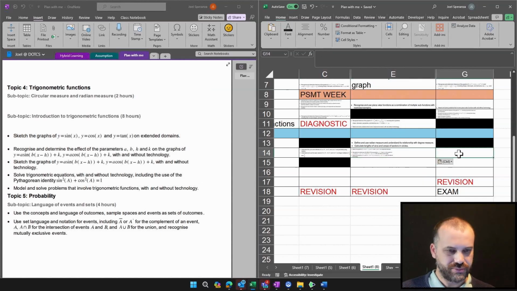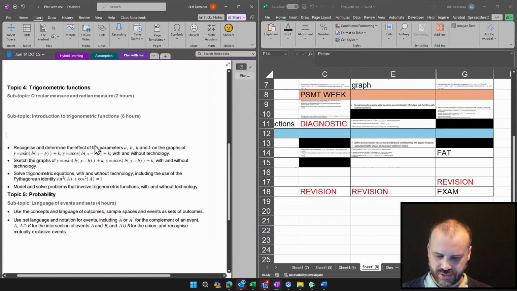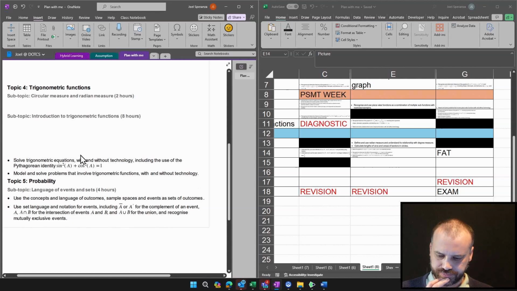But then let's assume that trig is messing us up, so we just add some fat in here. Maybe we need 2 lessons to knock over this. Maybe these 2 lessons are actually spread across 3 lessons or something. Okay, so that's sketching these graphs. Sketching, recognizing and determining, yep, okay.